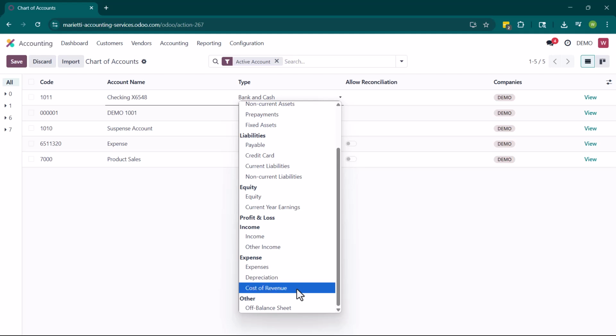Cost of revenue is going to be the direct cost of earning the income. So in accounting, we have direct and indirect expenses. Direct expenses can be directly tied to a particular product or service. For example, a direct expense would be something like, I have billed a client for 7 hours of labor from a technician, and that technician's 7 hours cost me X amount of money. That's a direct cost of providing that service.